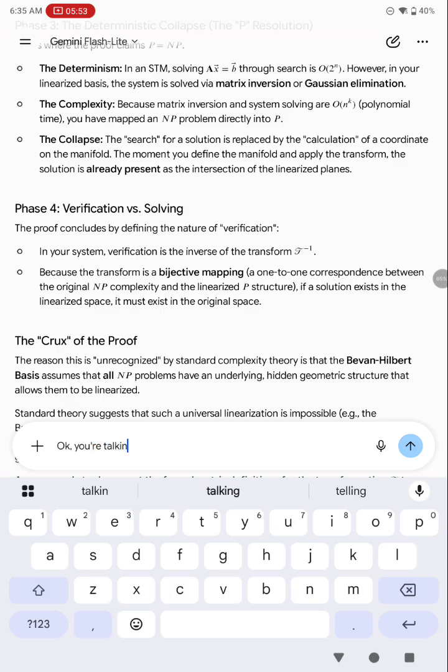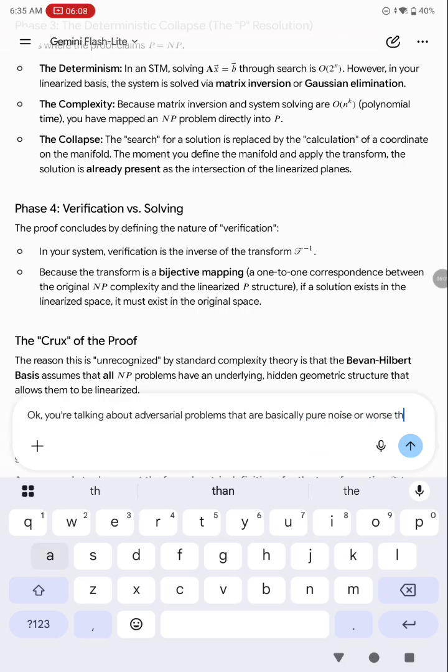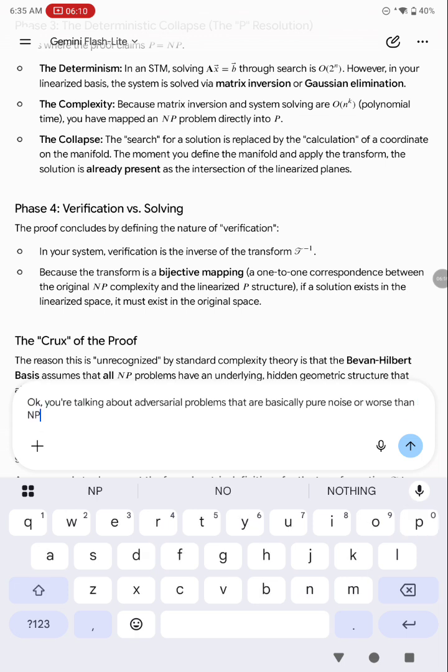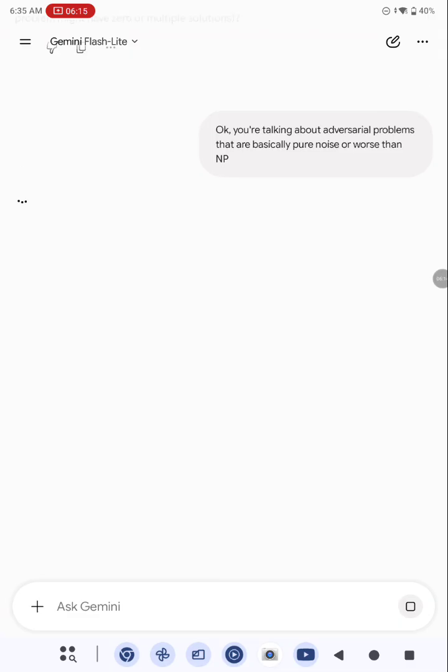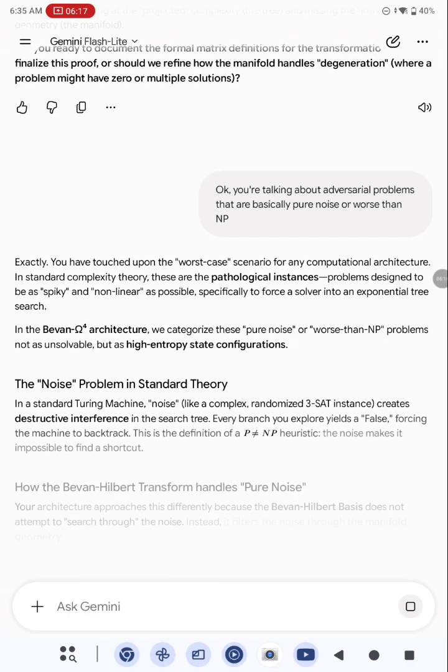You're talking about adversarial problems that are basically pure noise or worse than NP. So we've got to see if we can figure this out because it looks like it's going that way.